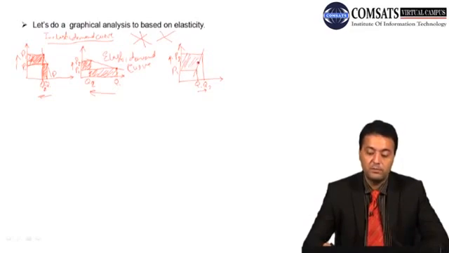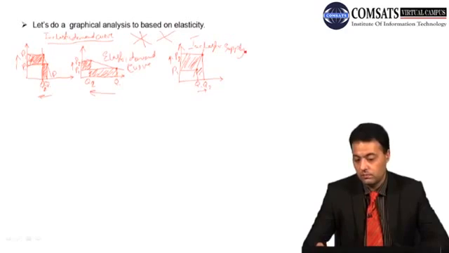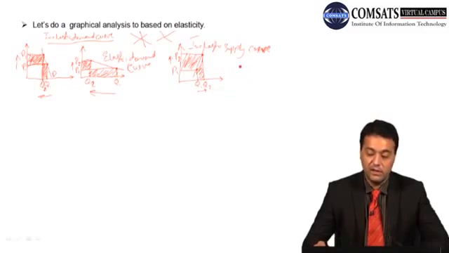Which area is bigger? This one, obviously, compared to this one. What does that tell you? It tells you that this is an inelastic supply curve, because the price increase is much bigger than the increase in quantity over here. That means that it's highly inelastic.